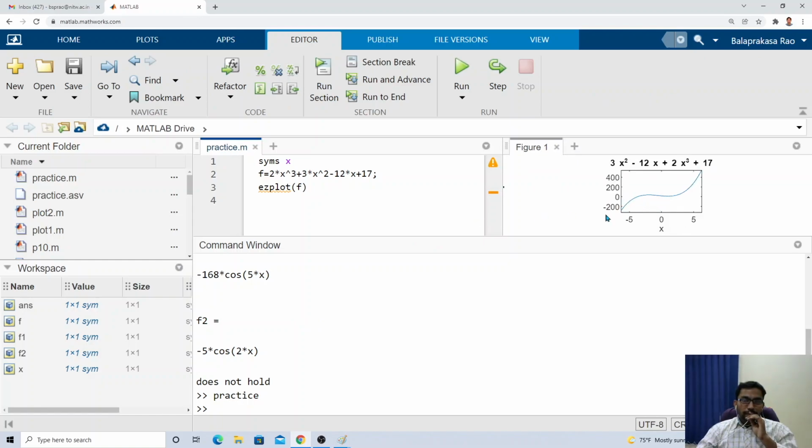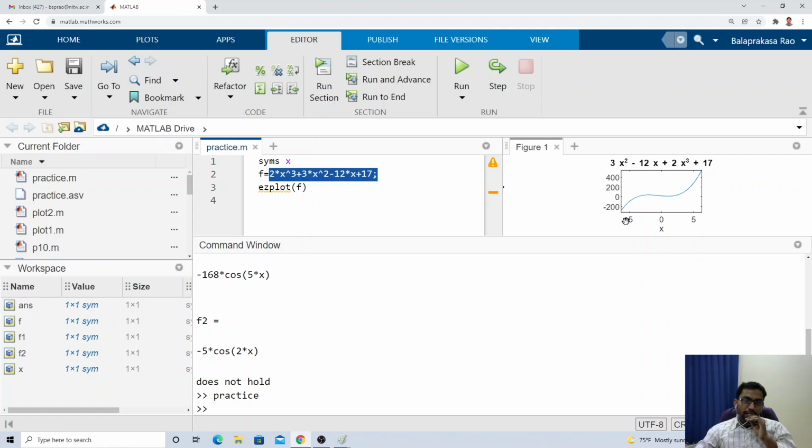So you see here, this is the curve corresponding to this equation, 2x cube plus 3x square minus 12x plus 17. We got this curve. Now if you want to see this curve between some minus 2 and plus 2, that can be done. Because here we are simply supplying the symbolic equation.